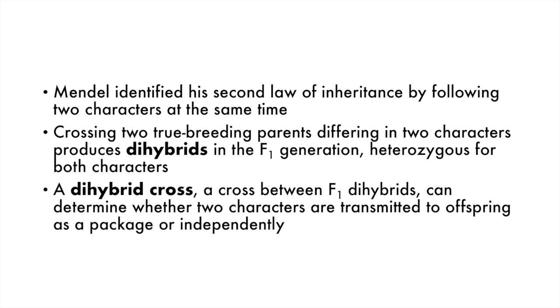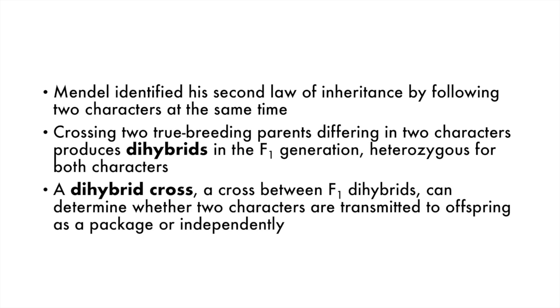But then Mendel wanted to take it a little bit further and said, okay, well, we've seen that the traits split up during gamete formation, and they come back together when a new offspring is formed. But what happens if we've got more than one character that we're looking at?